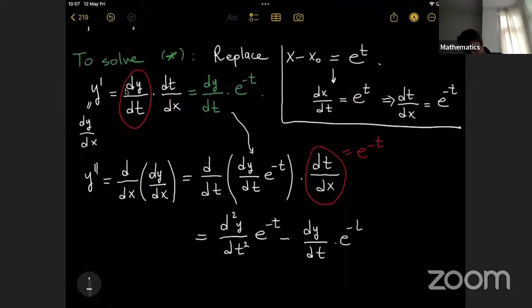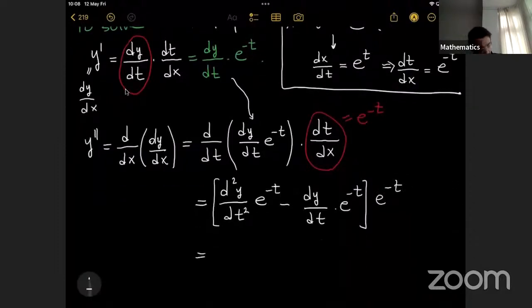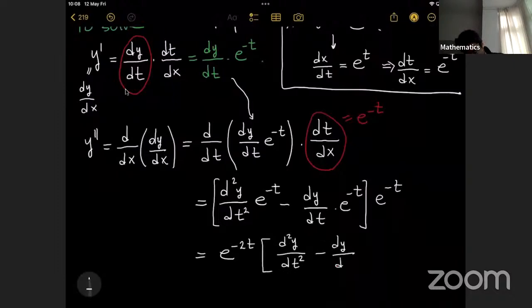And you multiply the whole thing with e to the minus t, and you get e to the minus 2t times parentheses, d square y dt square minus dy dt. Okay, so this is the second derivative.